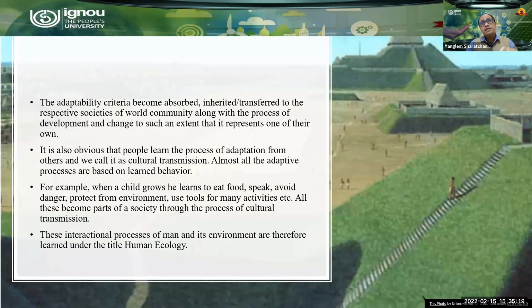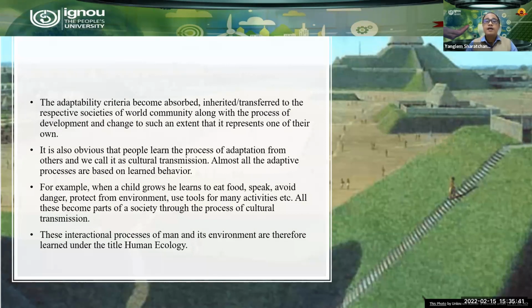What we learn from these examples and from this concept of human ecology is that adaptability criteria become absorbed, inherited, transferred to the respective societies of the world community, along with the process of development change, to such an extent that it represents one of their own.